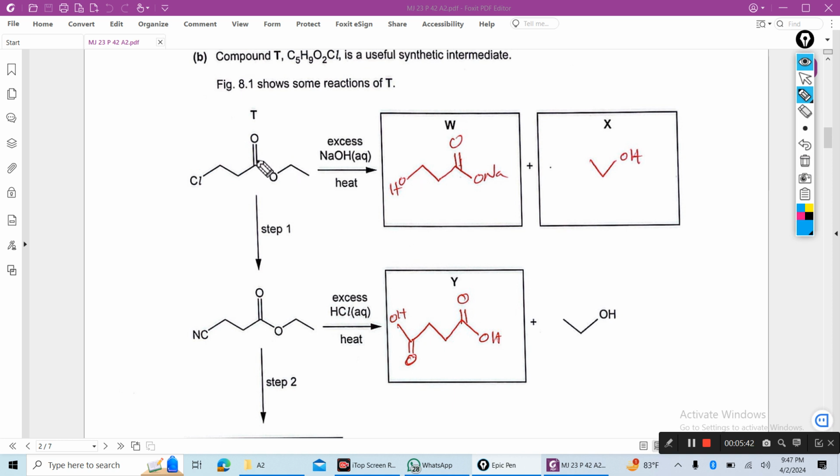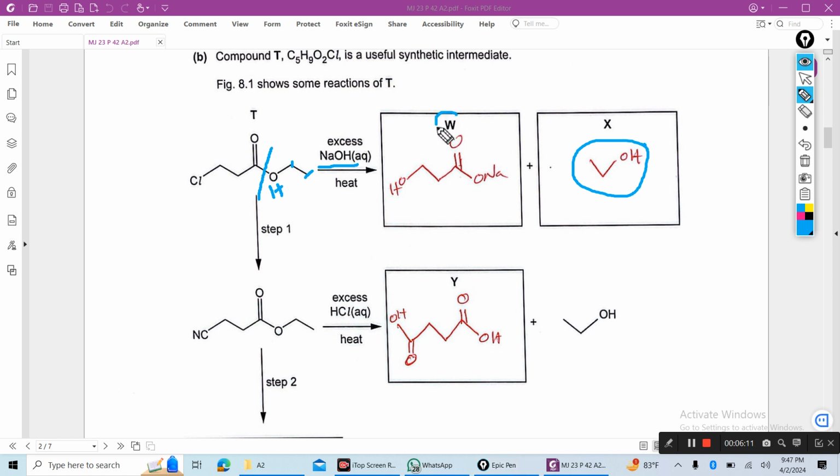So this is hydrolysis of the ester by alkali. So an alcohol and the sodium salt of a carboxylic acid will form. Here CH3CH2, this oxygen takes hydrogen, so CH3CH2OH. Ethanol will be X. X is ethanol.